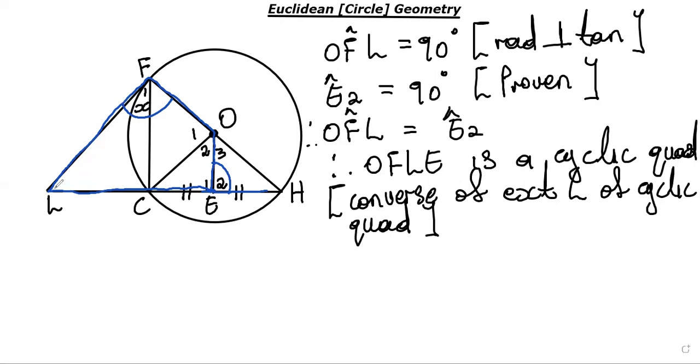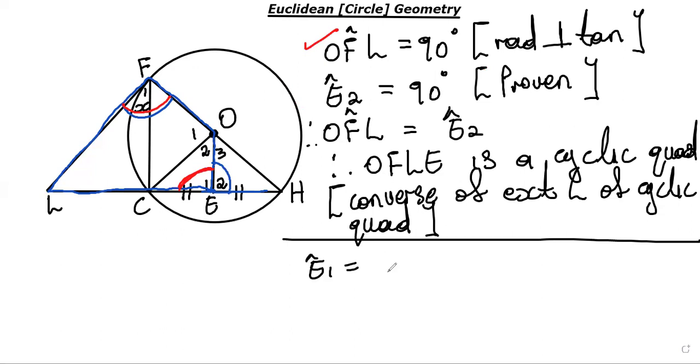But you could have also shown that the sum of two opposite interior angles of a quadrilateral add up to 180 degrees. So when you wanted to prove that this is a cyclic quad by using the opposite angles, you would have done step number 1, but here you would have said E1 instead. So you'd say angle E1 is 90 degrees because it was proven above, right?